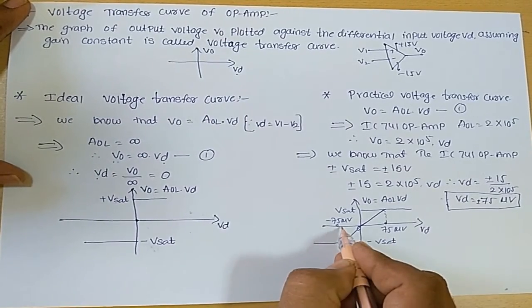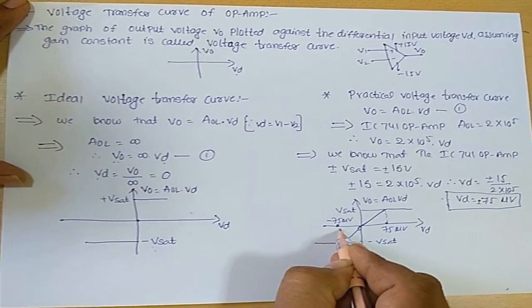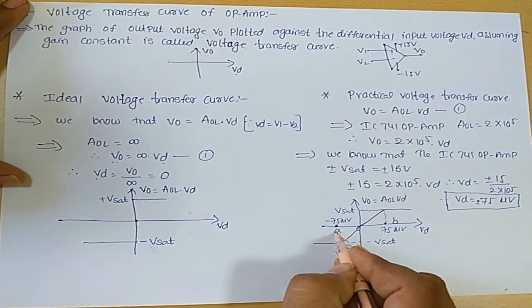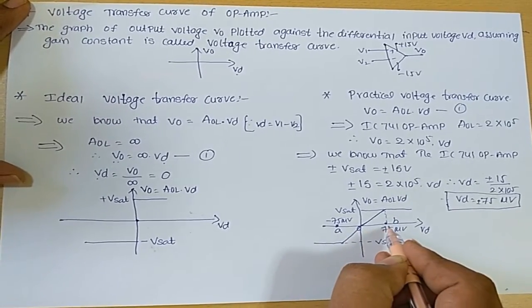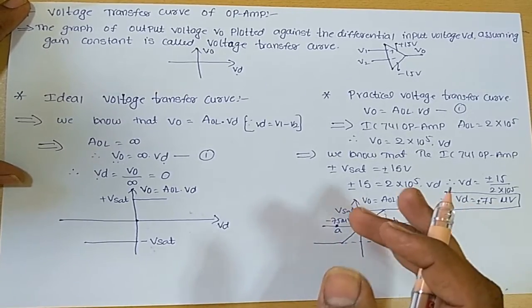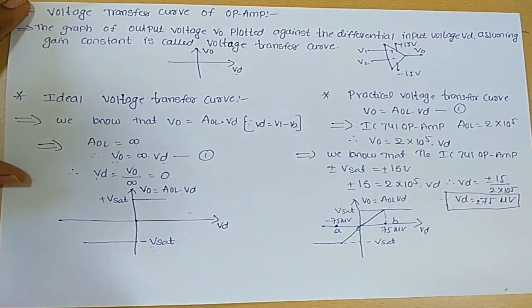For our understanding, we indicate some variables. This is variable A, and this is variable B. From A to 0 and 0 to B, only in this duration is the operational amplifier output linearly varying with respect to the input.